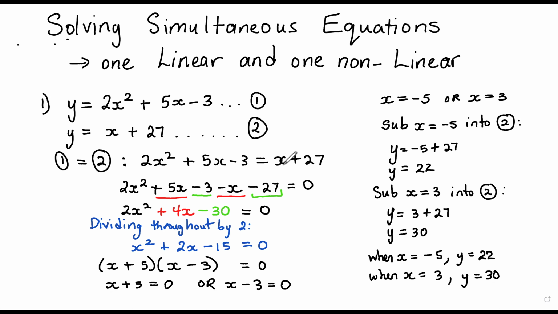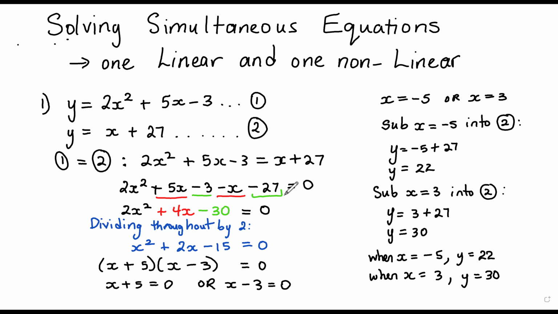If you're moving a term, or transposing a term, from one side of the equation to the other side, you change the sign, or you do the inverse of the operation. So since this was x, when I move it to the other side, it will be minus x. And since this was 27, when I move it to the other side, it becomes minus 27. And now I'm left with 0 on the right-hand side.